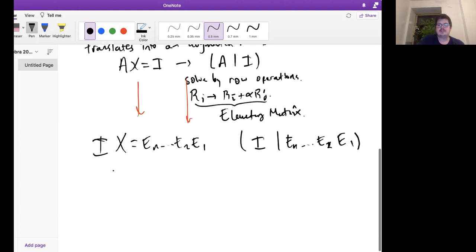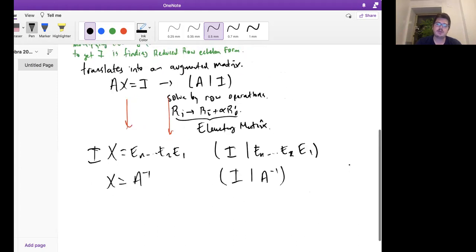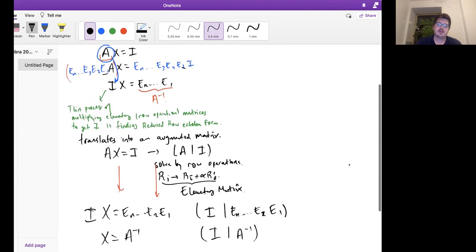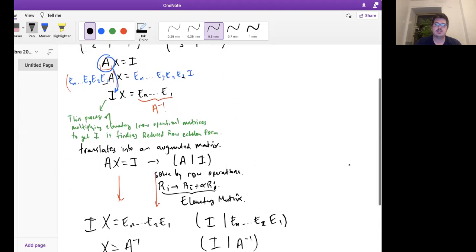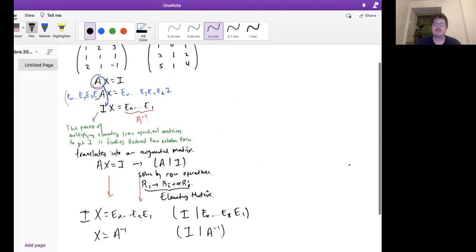And we had said that whatever this X is exactly A inverse. So whatever is left over on your right-hand side in your augment after putting into reduced row echelon form will be the inverse. Okay, so any questions on that? I'm going to get the kind of the idea.